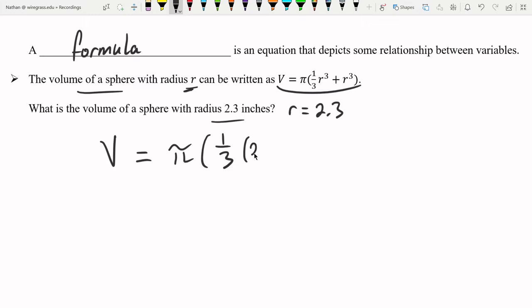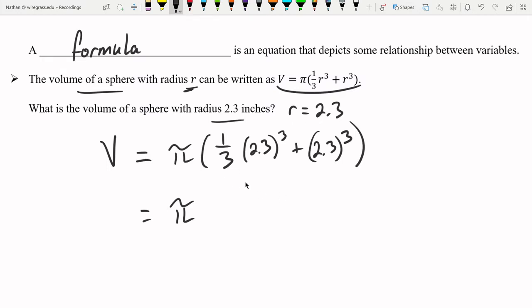So we have 2.3 cubed plus 2.3 cubed. We're going to leave the volume on the left-hand side the way it is. We're not going to do anything with it. We're only going to work with the right-hand expression, and we're going to simplify this expression all the way down and solve for an actual number.